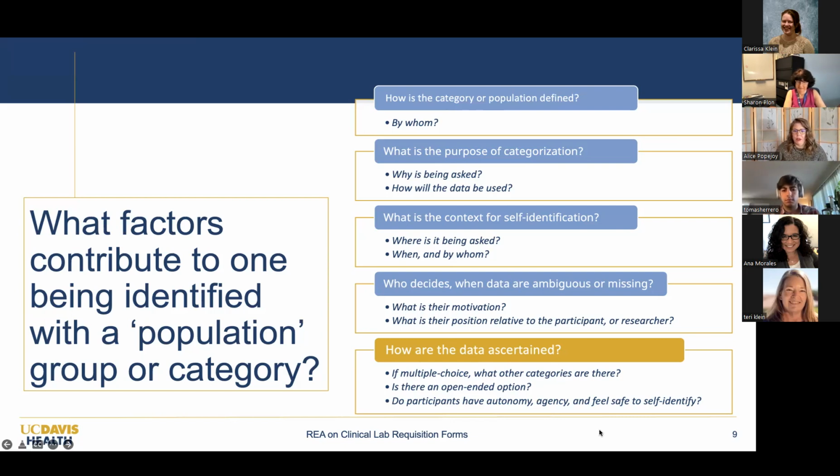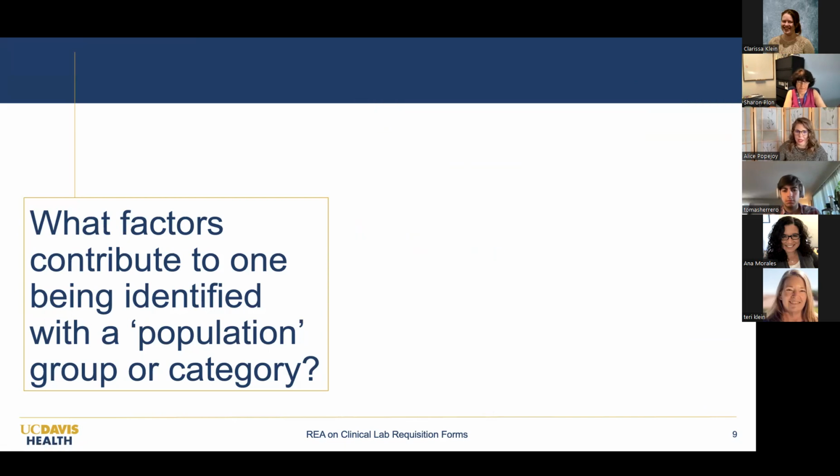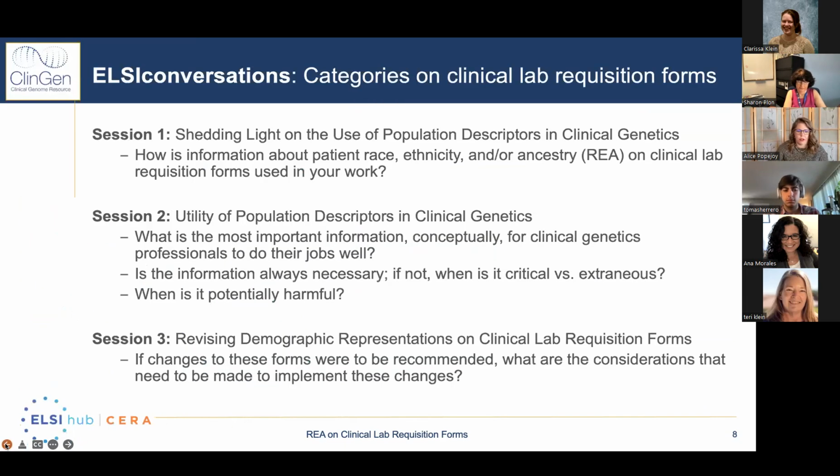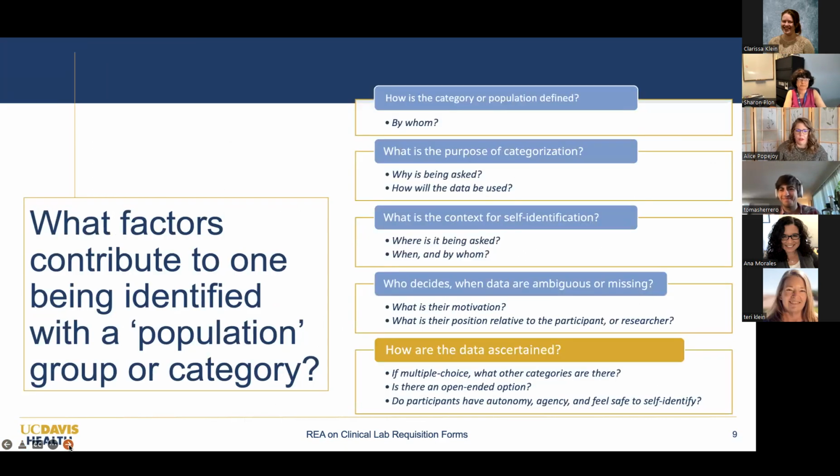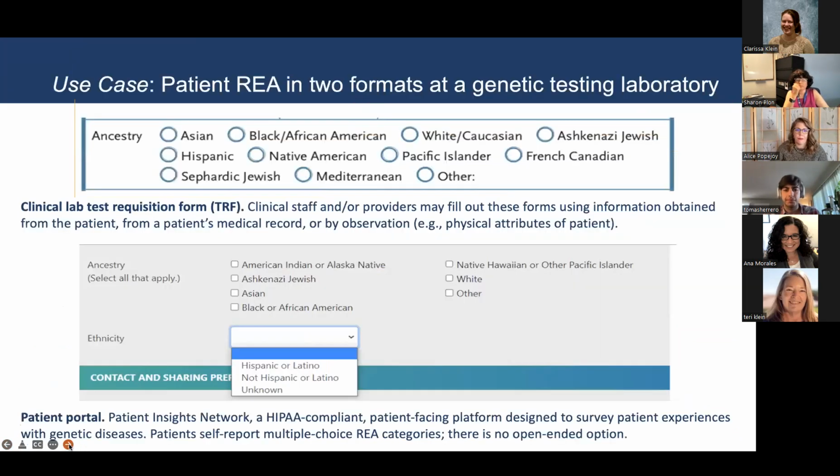And then this last question I think is really important to consider, is whether participants or patients have the autonomy and the agency, and whether they feel safe enough to self-identify in the way that they really want to and that they feel most comfortable.